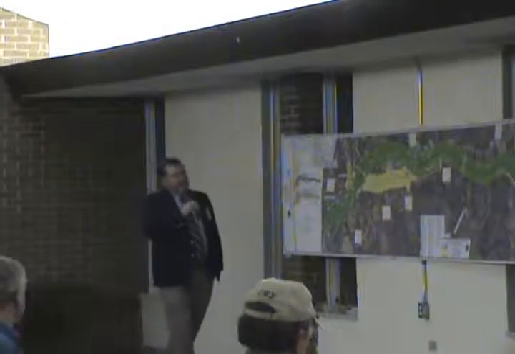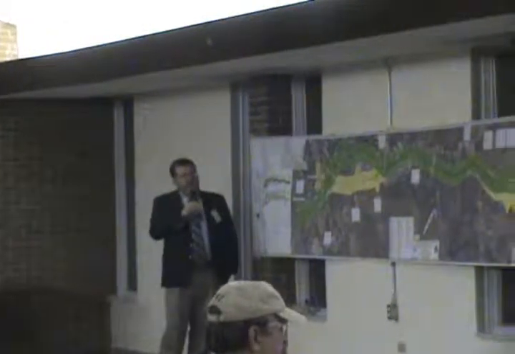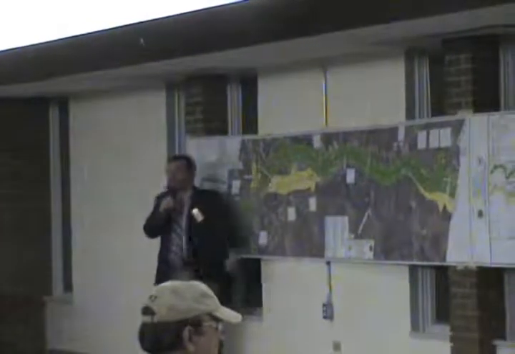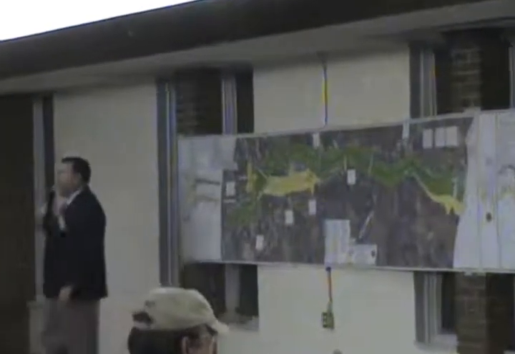The actual impact or the footprint of each project is that red line that you see on both sides of the alignment there in the middle. That is the limits of the fill section or the cut section, if you're cutting into the mountain or if you're backfilling.